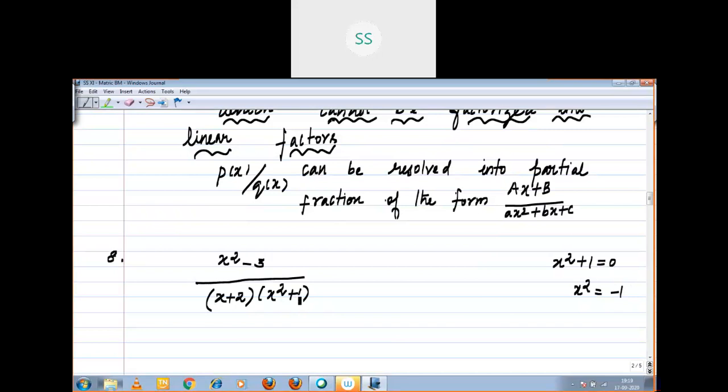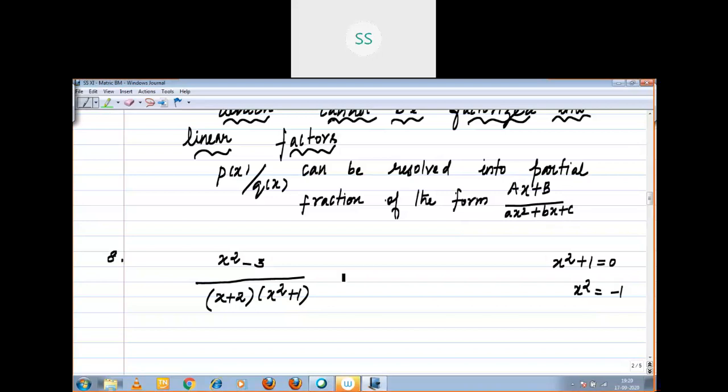That's why the quadratic polynomial cannot be factorized. Got it, children? Because you arrive at a negative result, you cannot take a square root. In that case you should apply this formula, ax plus b divided by the given quadratic polynomial.